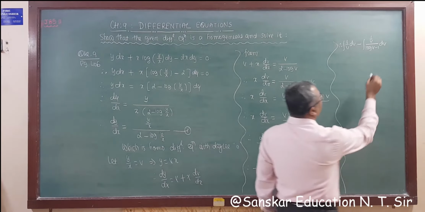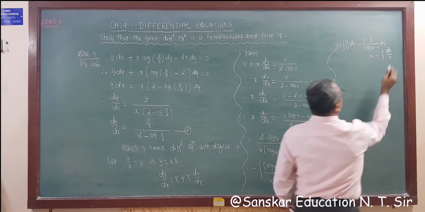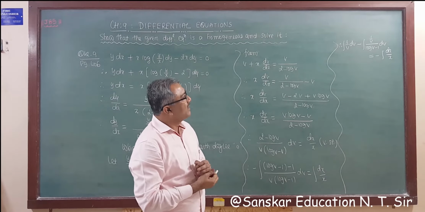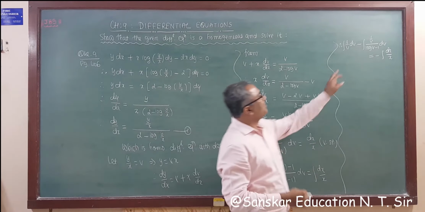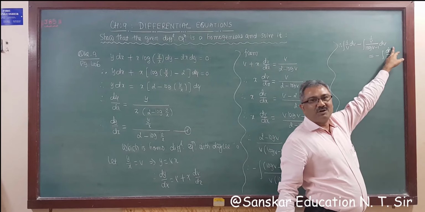This is equal to minus dx by x, as we take this minus to the opposite side. So now the derivative of the denominator is in the numerator.